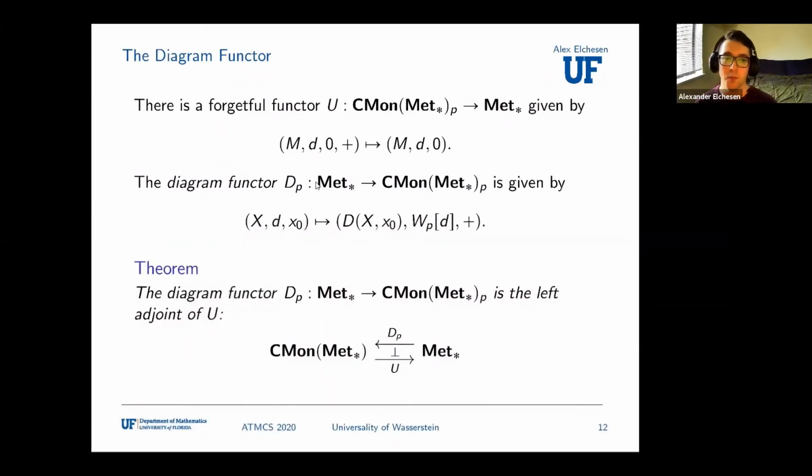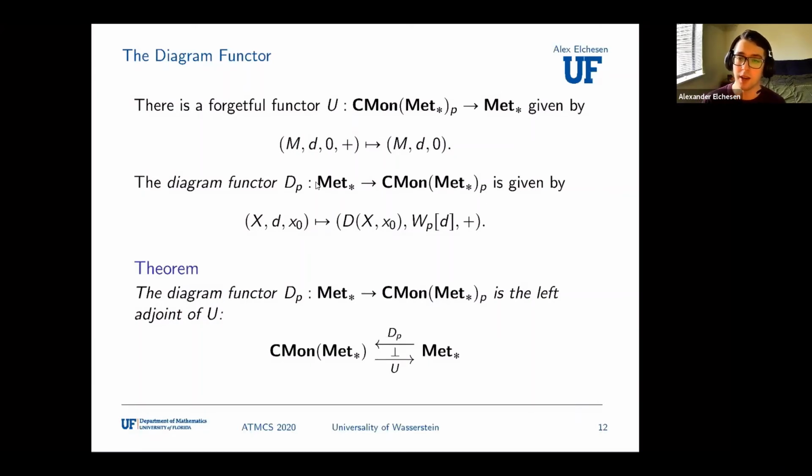A completely equivalent way of stating the universal property that I just stated is as follows. There's a forgetful functor from metric monoids to pointed metric spaces, and all that does is forget the monoid operation. So you send (M, d, 0, plus) to just (M, d, 0), so 0 gets chosen as the base point.